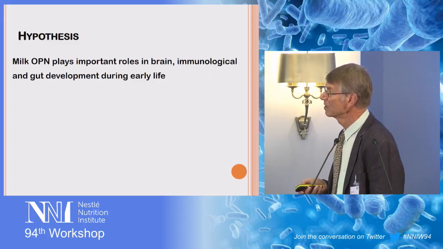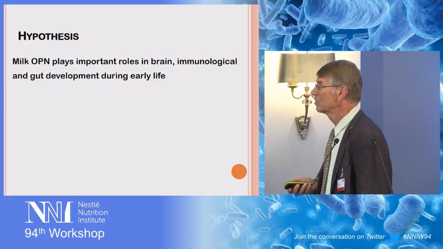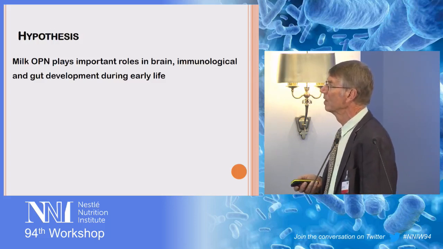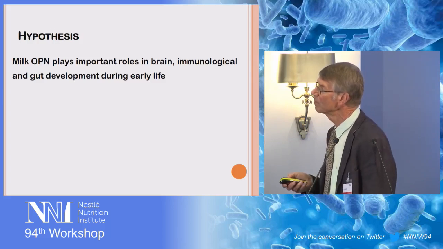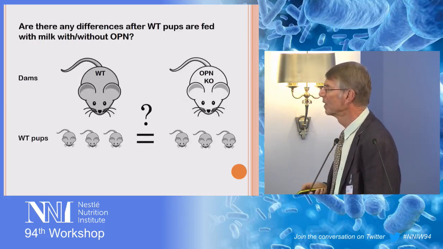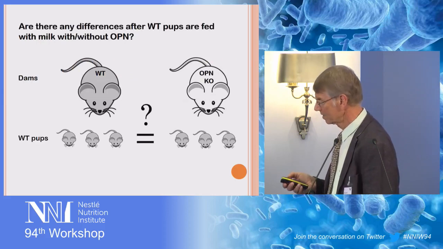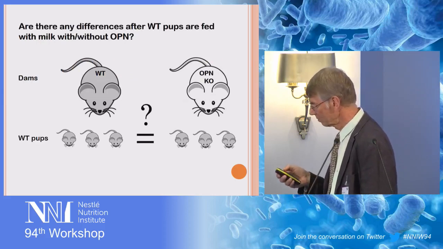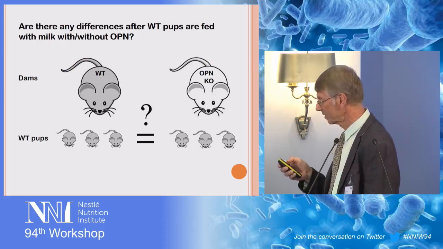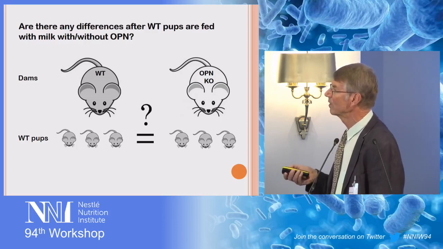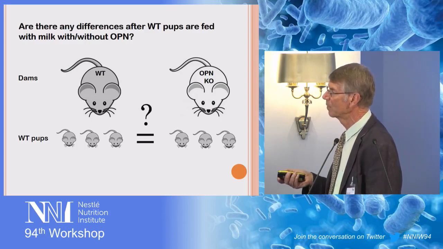We hypothesized from the literature that osteopontin may not only have effects on the immune system, but also on the brain and the development of the gut. What we used here is, like I said, a knockout mouse model, and it's important to recognize what we really did. We had wild-type mouse dams with wild-type pups.